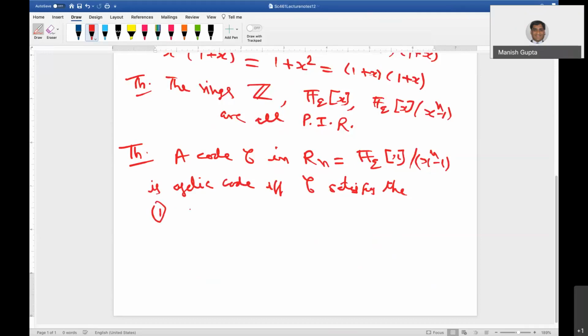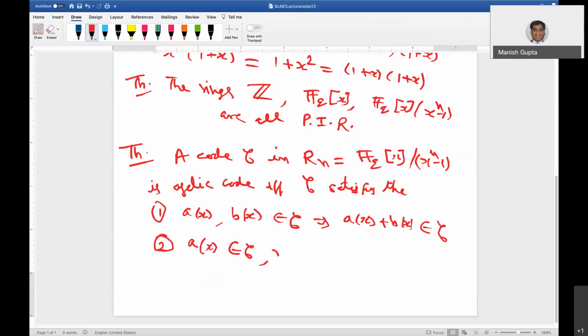Number one, if a(x) and b(x) are two polynomials in C, this implies that a(x) plus b(x) belongs to C. Second property, if a(x) is in C and r(x) is in Rn, then r(x)a(x) belongs to C. So that means it is closed with respect to multiplication by any element of Rn, an arbitrary element of Rn. So this is a cyclic code.